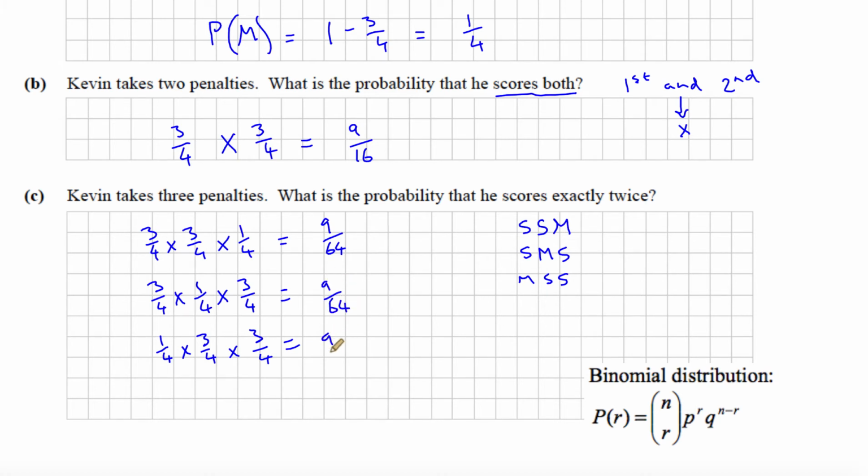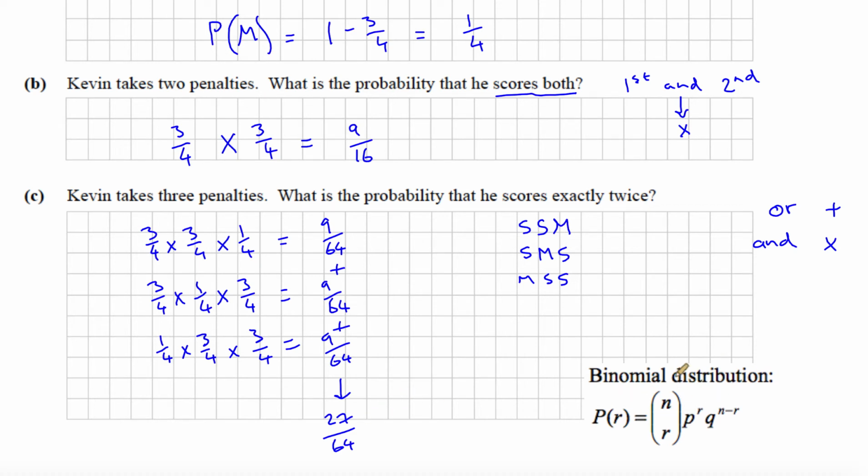And so will this one here. So if it's this way, or this way, or this way, the word "or" is linked to a plus sign in probability. So remember, the word "and" is for multiply, the word "or" is for plus. So I'm going to have to add these 3 fractions now to find my total. So that gives me 27/64. So that's the probability that he scores exactly twice.